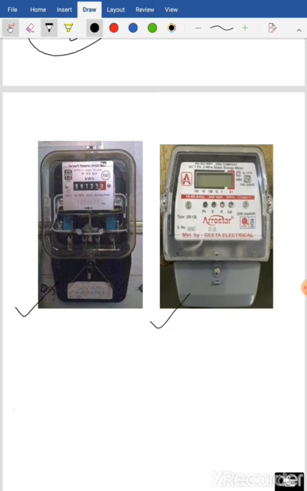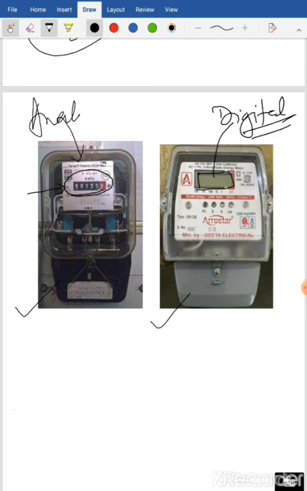Here you can see the difference. Here you have the number being displayed, and here you have a small screen. This is a digital meter, which most of our houses have nowadays, and this one is the old one called an analog meter. Understand? But you can see you have kWh written here, so this is a kWh meter.